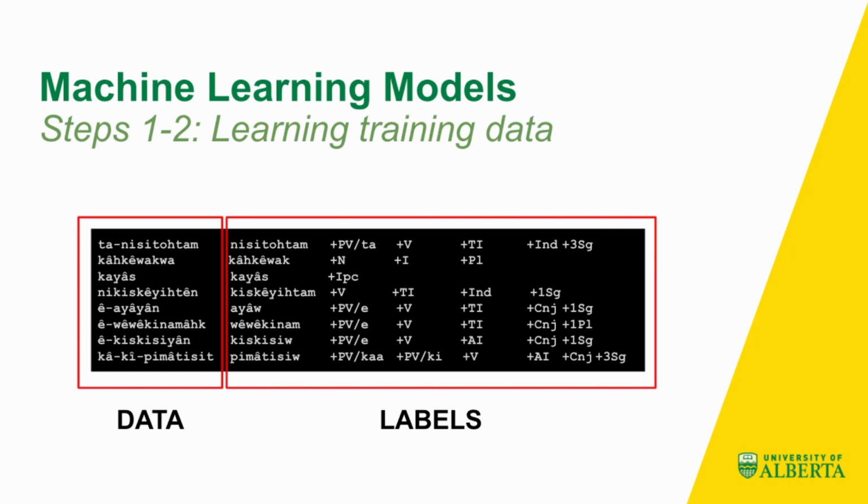So what we're feeding it here are, on the leftmost column, a bunch of words, or we can call them tokens, which just means that they're different words. And then everything else is what we can call a grammatical analysis, or a parsed version of it.